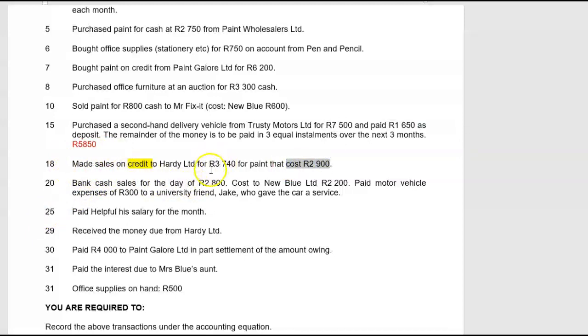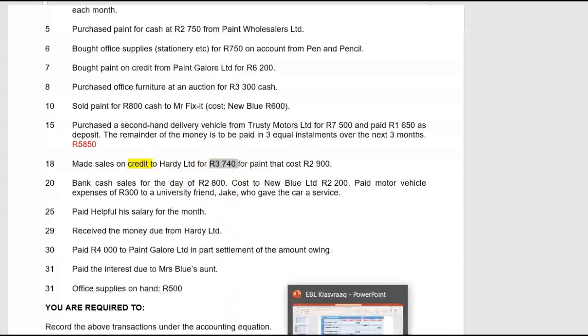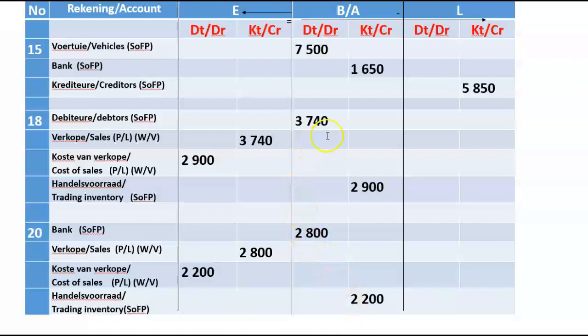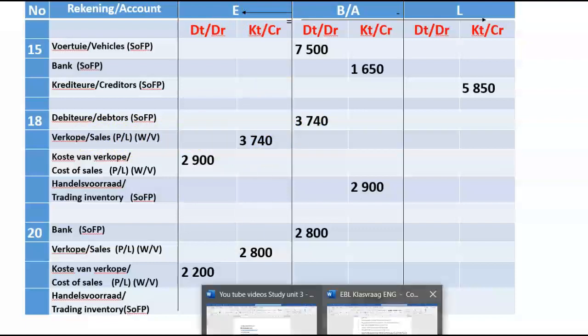So we have to create a debtor for the amount of 3,740, and then we can recognize the full amount as income because the income was earned when the transaction was concluded. So debtors will be debited with the amount that they owe us, 3,740 Rand, and sales, statement of profit or loss, equity, credited with 3,740. This is the sales transaction that we have recorded.